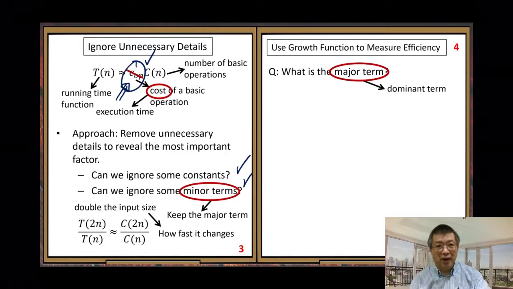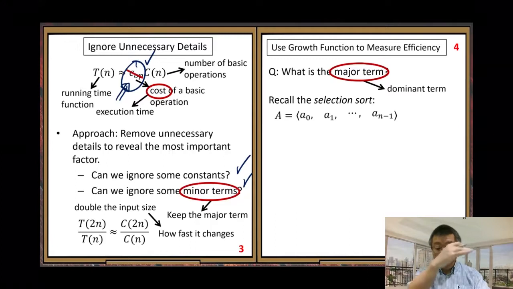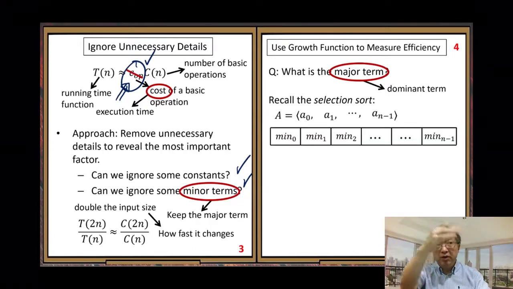Let me use our existing example to see this concept. Here, I just use selection sort. We just learned that in selection sort, when we have an array, every round we find the minimum of the current subarray.